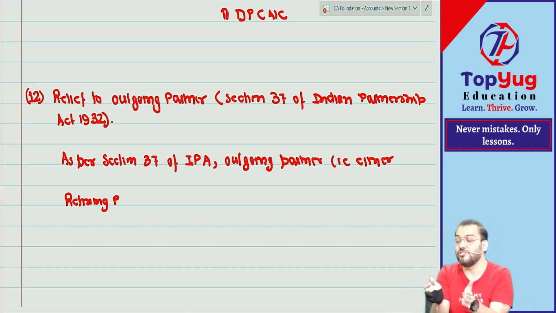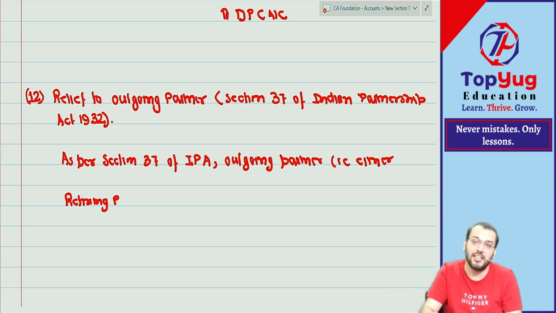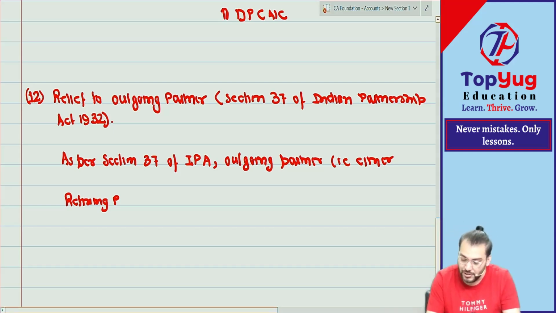Normally, whatever question was in retirement, that retirement happened at year end only, so we prepare the balance sheet at year end, and they are not asking anything post retirement. But in this question, they will say it happened in the middle of the year, and they will ask for the balance sheet at year end. So for that particular period, you need to calculate relief. Understood?